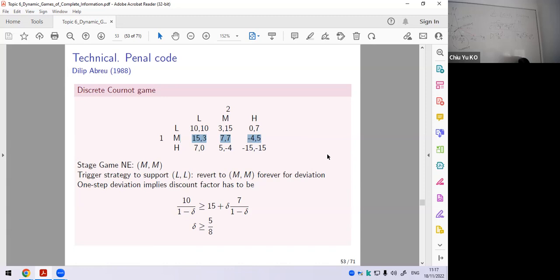So this is just the standard idea: 10 forever, you deviate to 15, and then you get 7 forever. So this is the payoff, and this is nothing new. The new thing is, can we do better than the 508? Can we have lower delta? The answer is yes.